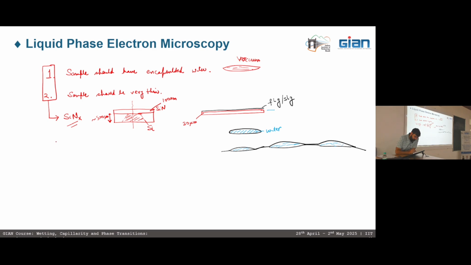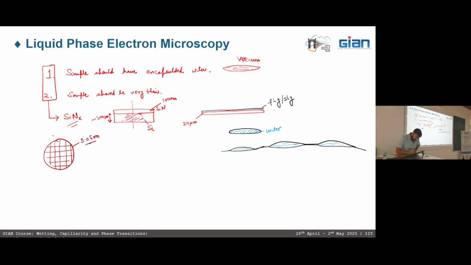We typically first have to start with the TEM grids. These TEM grids are OEM available, and this is a mesh, and on this mesh we have films of any material. Let's say we have a holey carbon film, and the radius of this grid is typically 3.05 millimeters, and it is not as expensive as silicon nitride membranes.